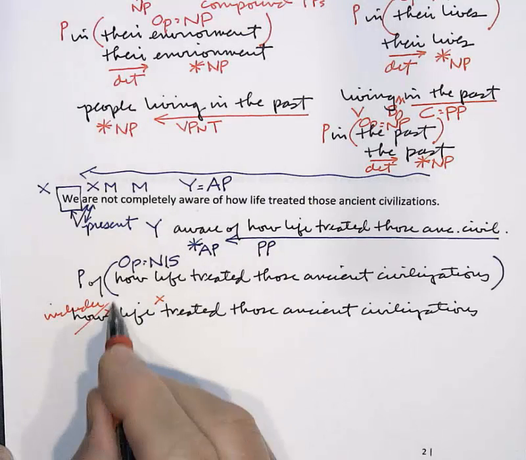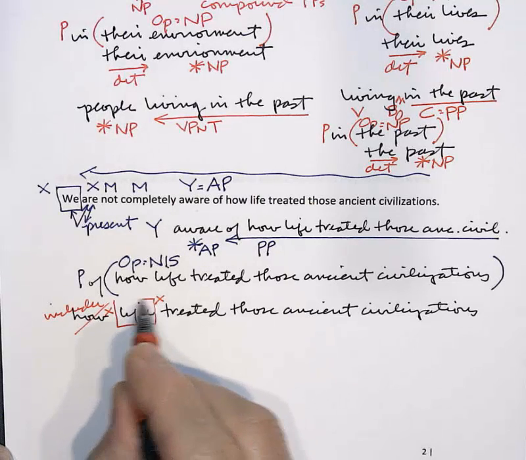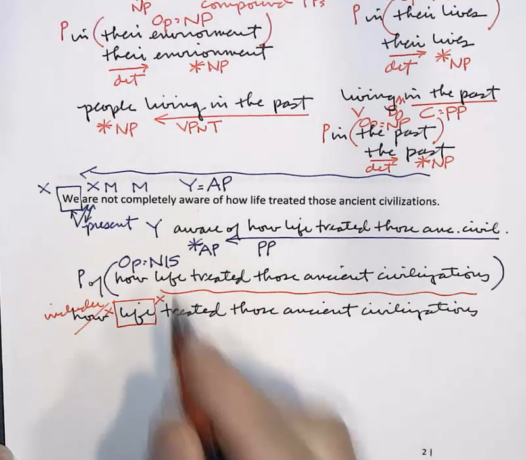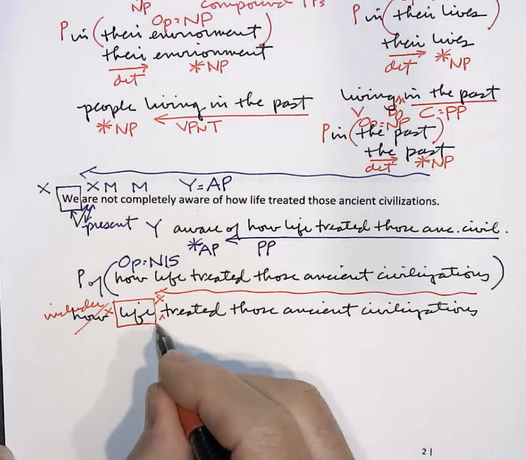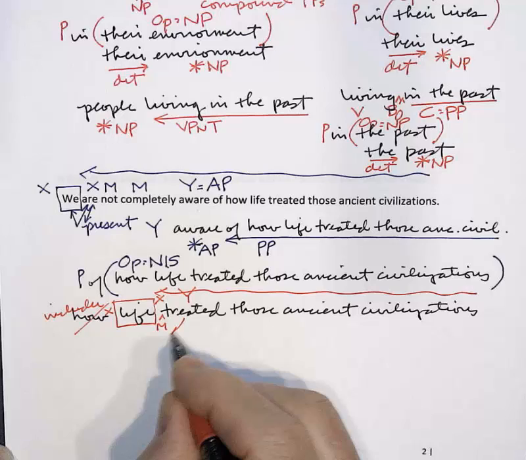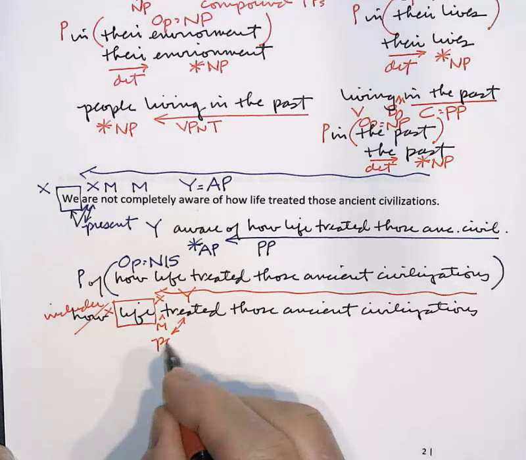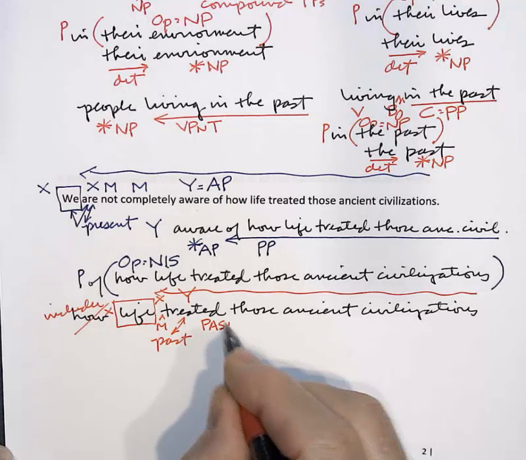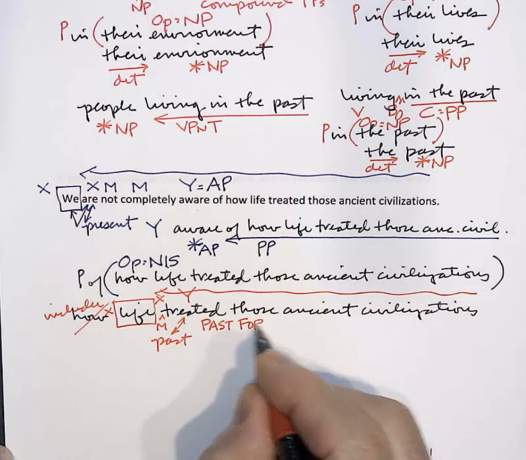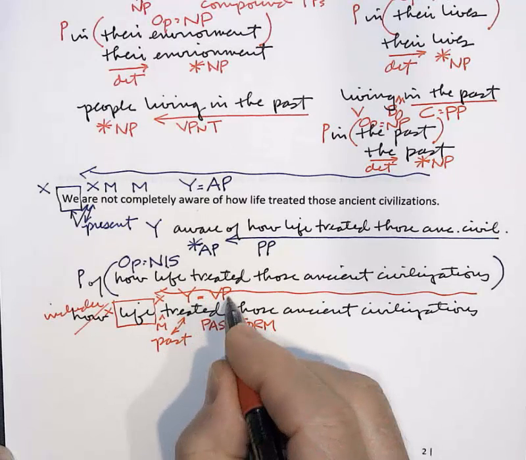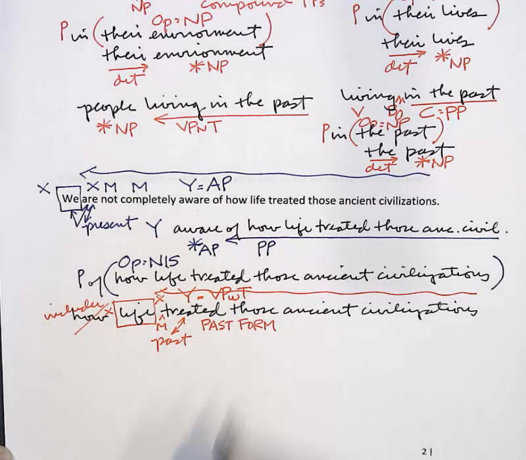Life did not treat. Life is the subject. Predicate, M place, and Y. Treated ties with the past. It's the past form. Y is a verb phrase with time.